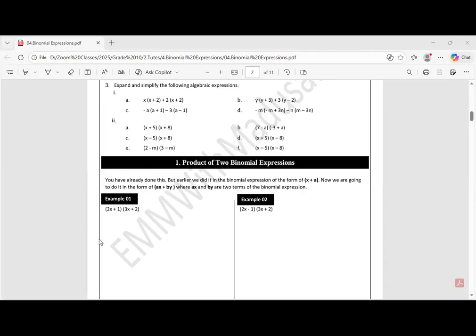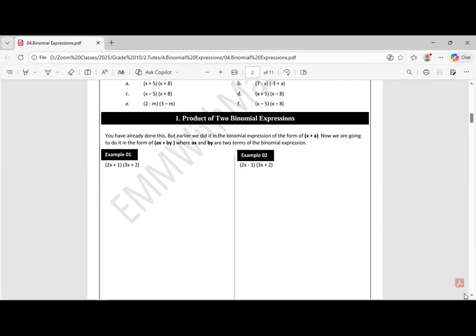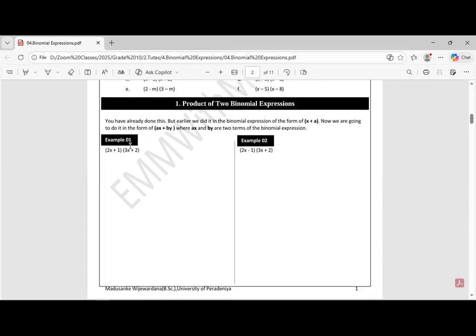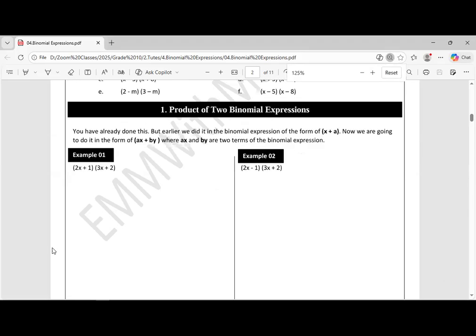So, shall we do? This is from page number 1. Please try to do example number 1 and example number 2. As I explained earlier, here you can see you already have an x term, and also here you have an x term.